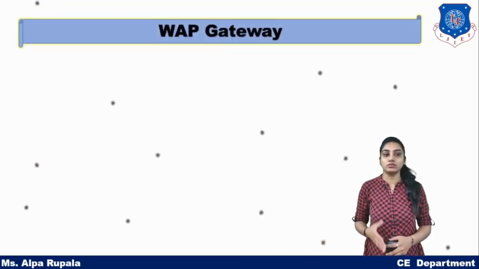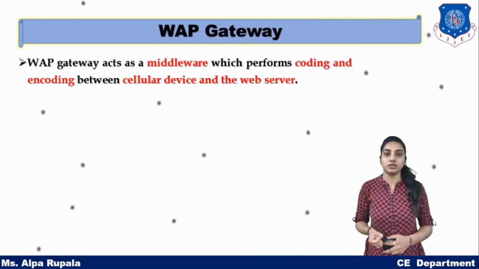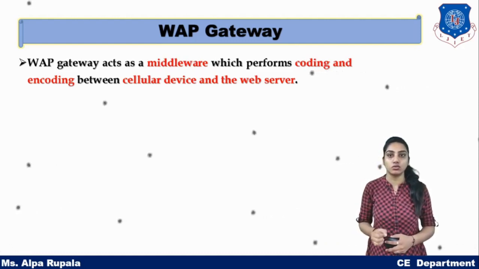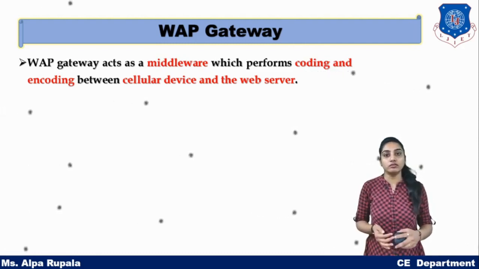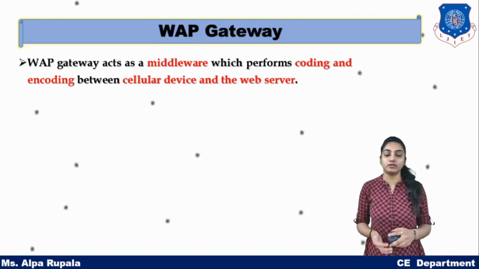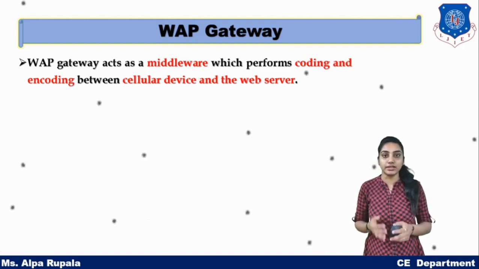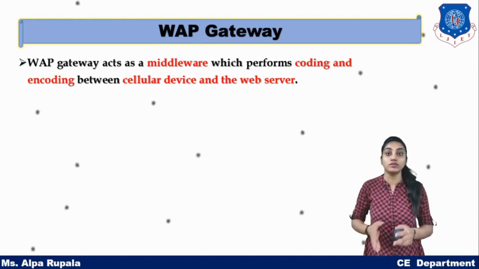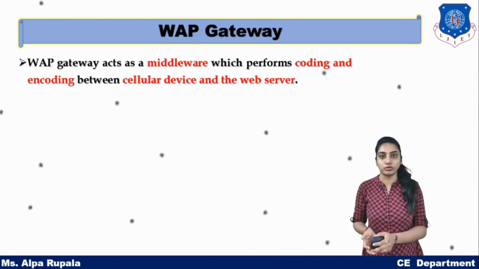So the next is what is the web gateway and why we require a web gateway. Basically, the web gateway is nothing but a middleware which performs encoding and decoding between the cellular device and the web server. Now what kind of middleware work is the web gateway performing? First of all, whatever your request is, that request will be converted into an HTTP request, and that request will be transferred to the web device's web protocol stack.